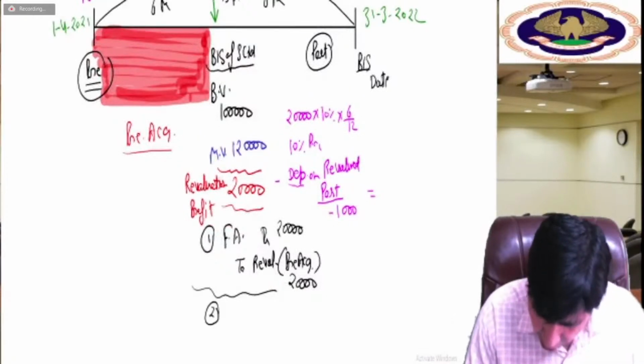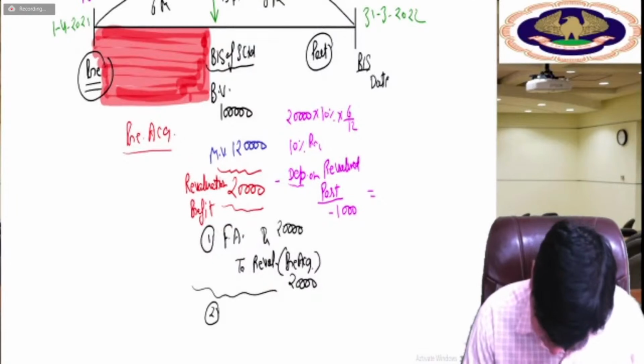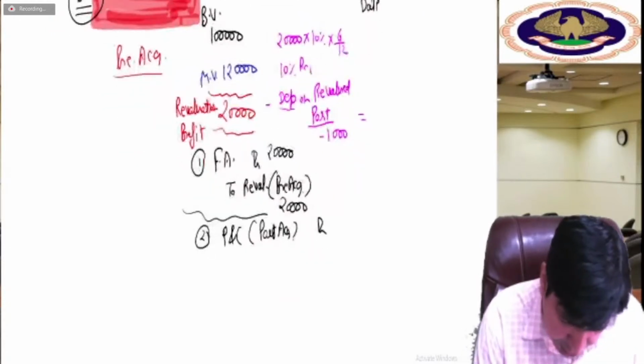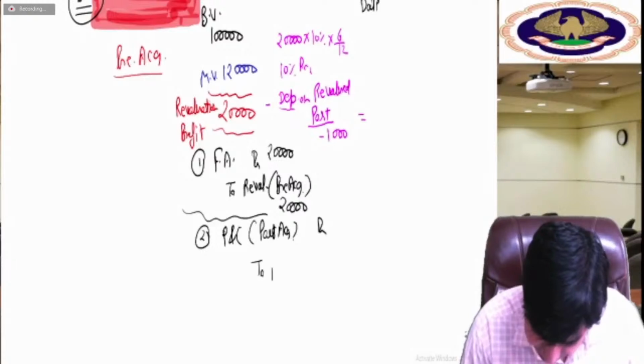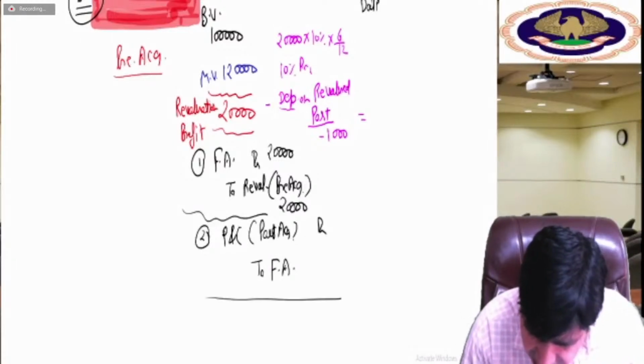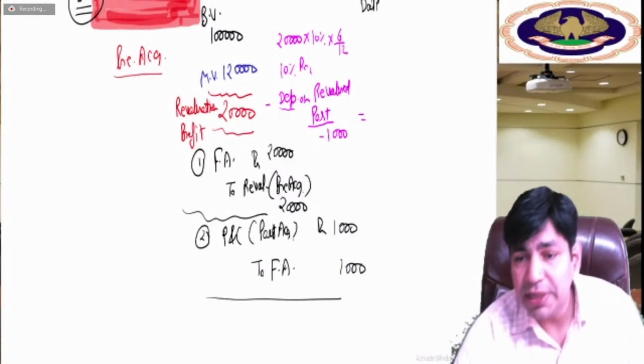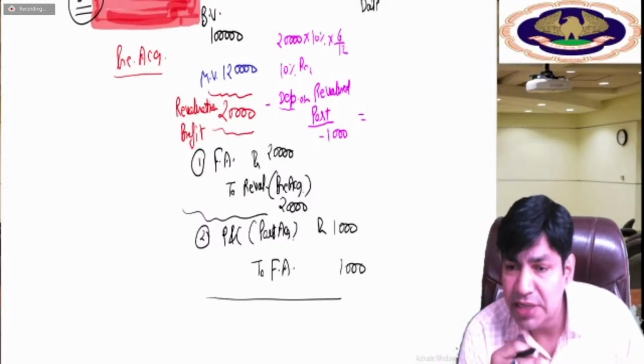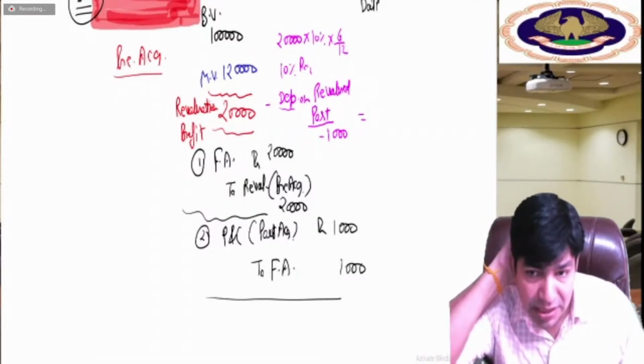Number 2 entry: P&L, in which post-acquisition account debit to fixed assets. How easy this is, really very easy. Have you noted how depreciation is in post? I did not understand that, sir. Will it be in pre, sir?